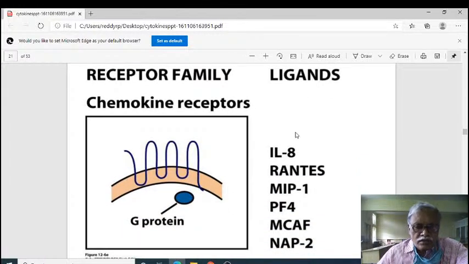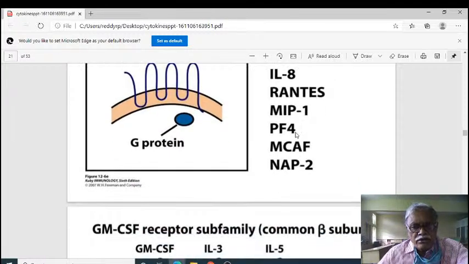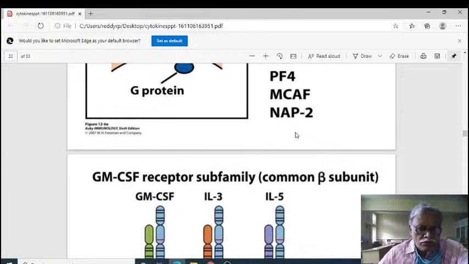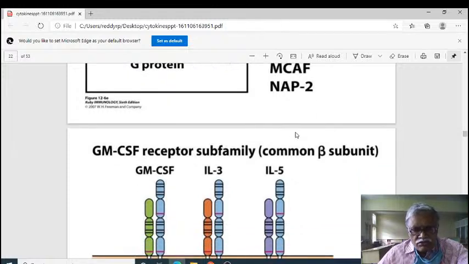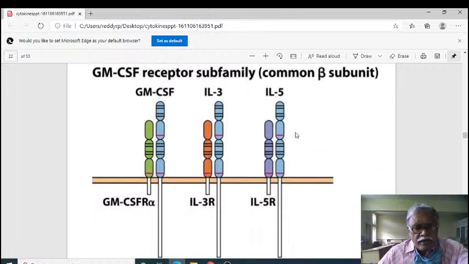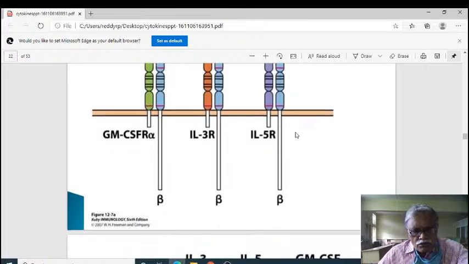The chemokine receptors are the G proteins. They bind interleukin 8, MIP1, PF4, NAP2. GM-CSF receptor subfamily common subunits include colony stimulating factor, interleukin 3 and 5.